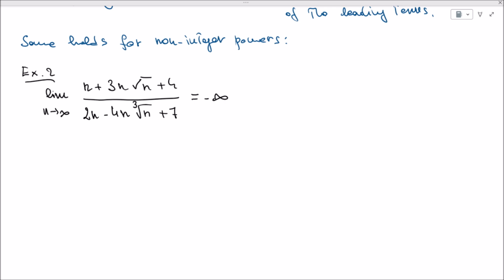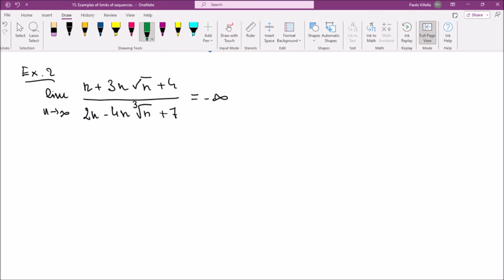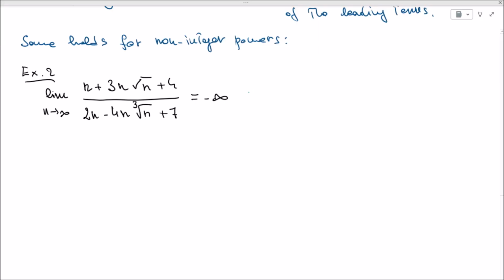The idea behind this is always the same, just taking the leading terms of the fraction. Let's suppose that this is an. So an can be approximated, as n goes to infinity, by the leading terms.